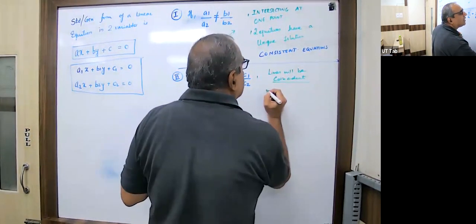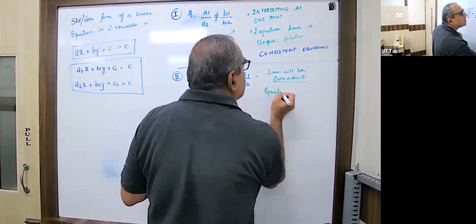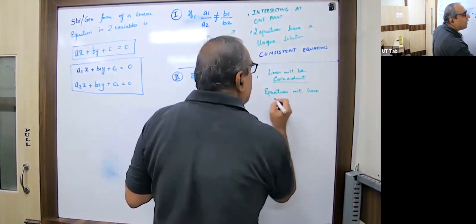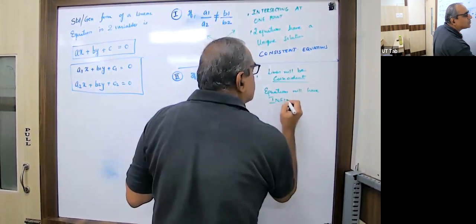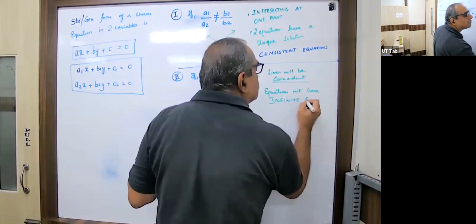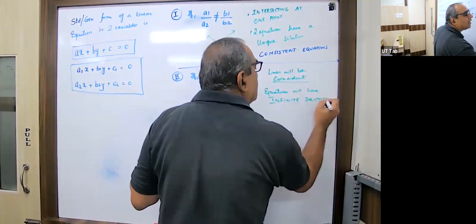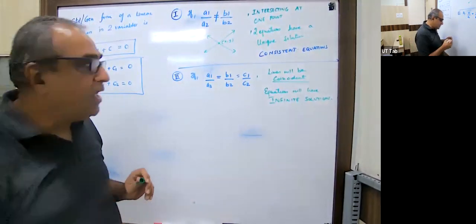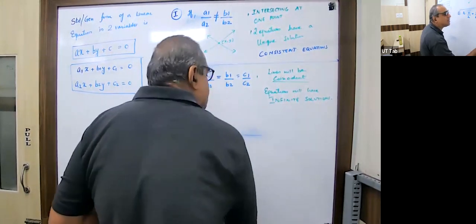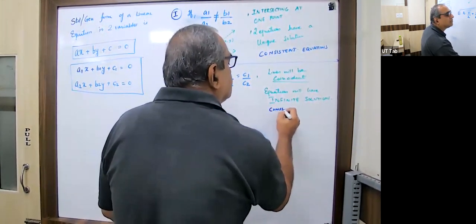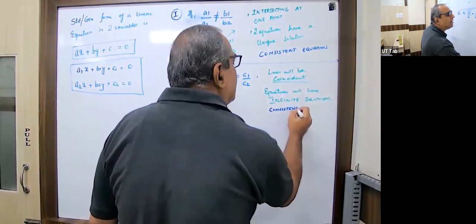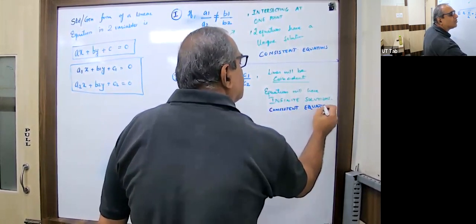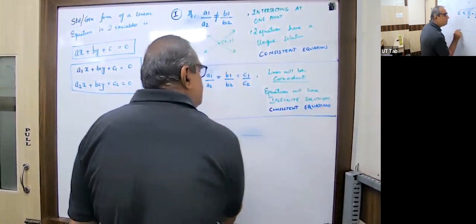And the equations will therefore have infinite solutions. कितने? Infinite. Every point is a solution. And such equations are also called consistent equations. क्योंकि solution है ना. जब solution होता है तो consistent होता है equation. ठीक है?